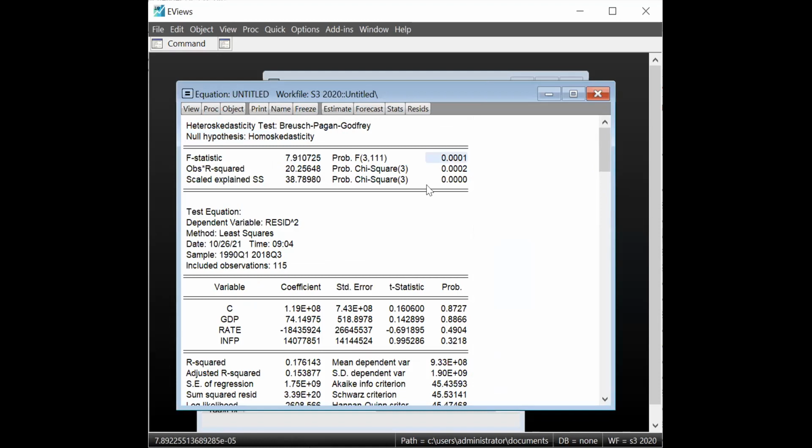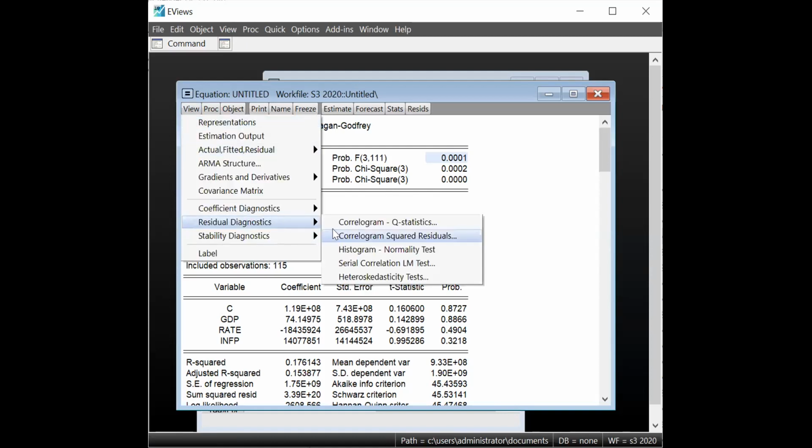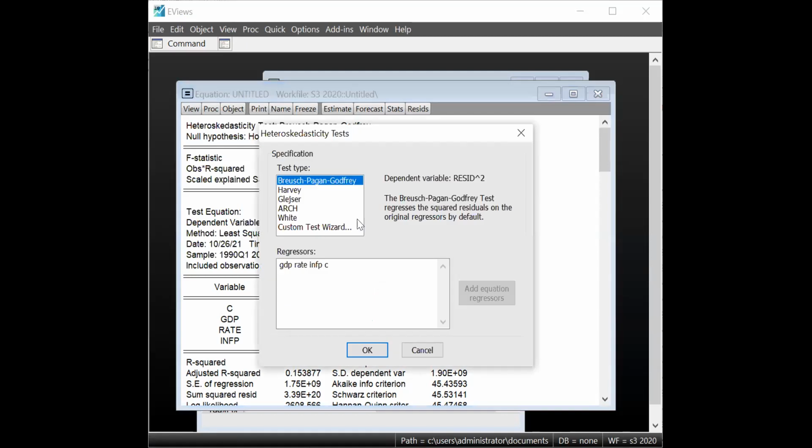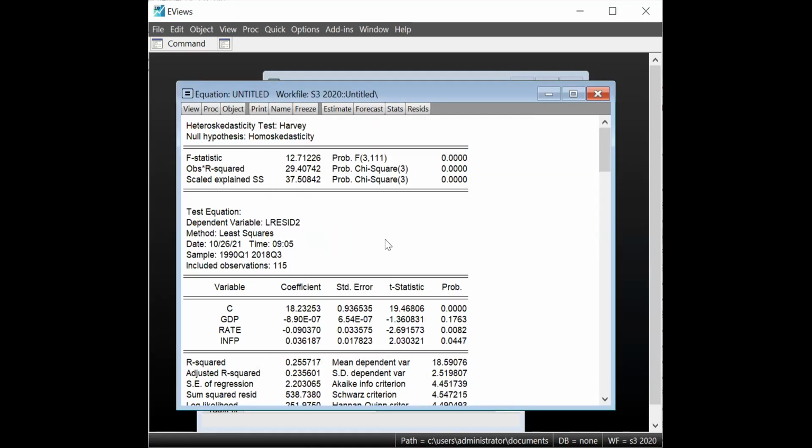This means there is heteroskedasticity in our model. Also, we can test with other tests. RV also produces the same thing, heteroskedasticity in our model, because all of these probability values are less than 0.05.